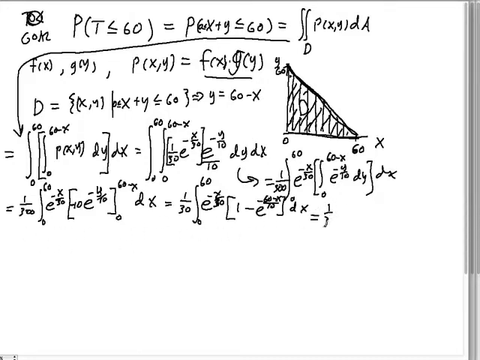So 1 over 30. All right, and now we're going to distribute this in to both of those. So we have e to the negative x over 30. We have minus e to the negative 6, because of the 60 over 10 there. And then let's do a little math over the side.